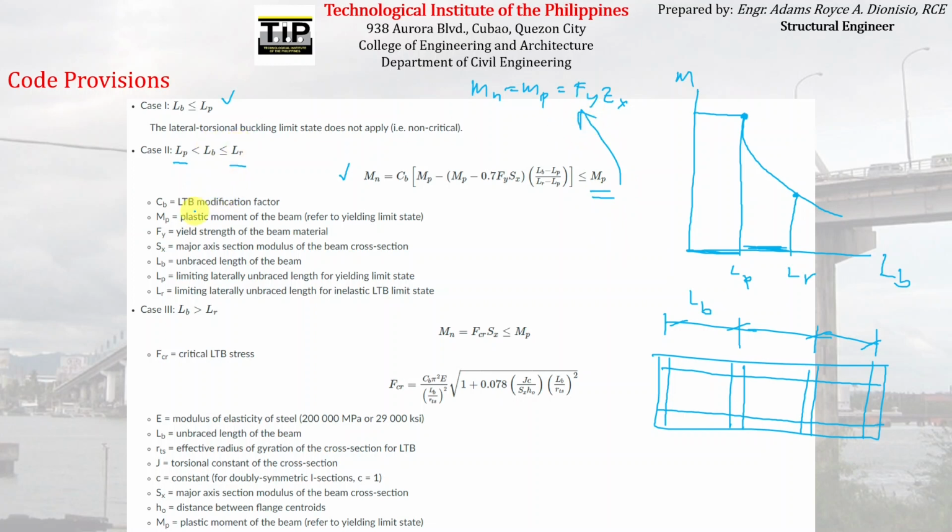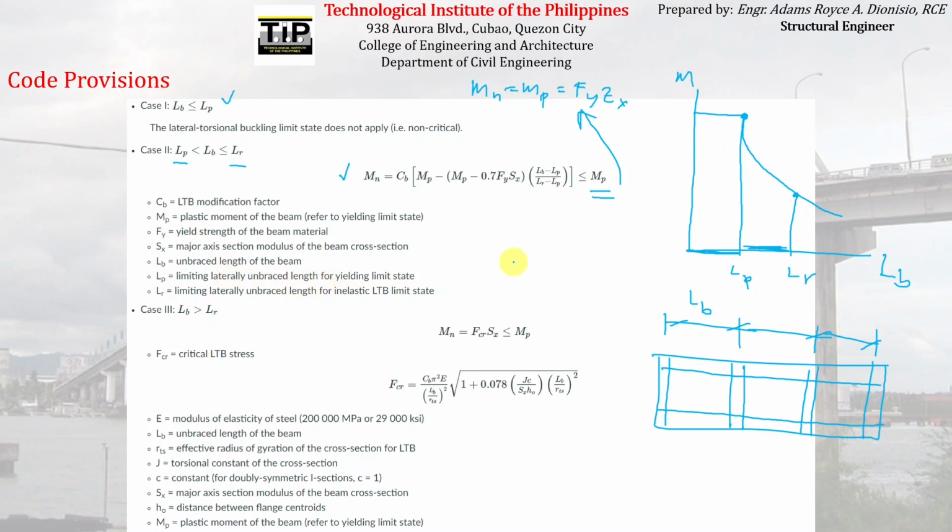So, yung Cb dyan is actually the LTB modification factor, Mp, plastic moment of the beam. You can find that on the yielding limit state. Fy, yield strength of the beam. Sx, major axis section modulus. Lb, unbraced length of the beam. Lp, limiting laterally unbraced length of the yielding limit state.